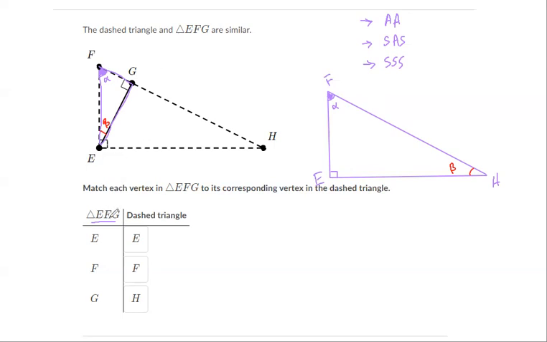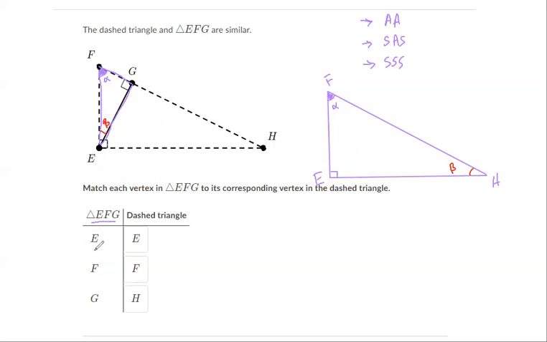In EFG, triangle EFG is the smaller triangle, and the dashed one is the larger one. So angle E is the 90 degrees in my smaller triangle, no, actually EFG is this triangle, the smaller one. This is my dashed triangle.